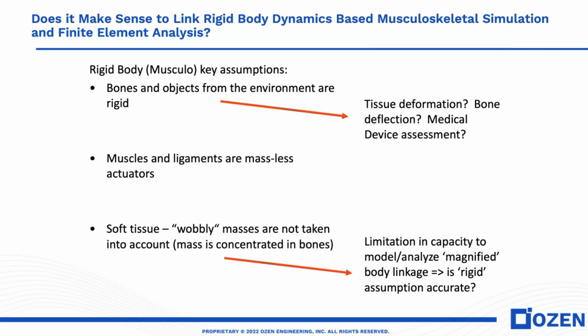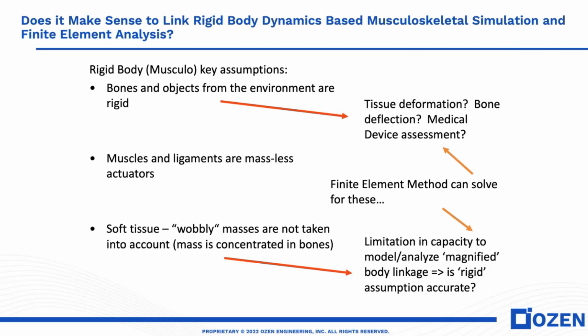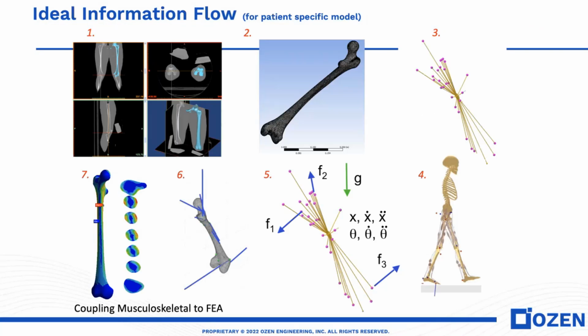Again, in the musculoskeletal model, the bones are assumed to be rigid. It doesn't address any tissue deformation or any bone deflection, and we address that issue by doing the finite element analysis and looking at the elasticity of the bones and accounting for that, as you will see in the next slides.